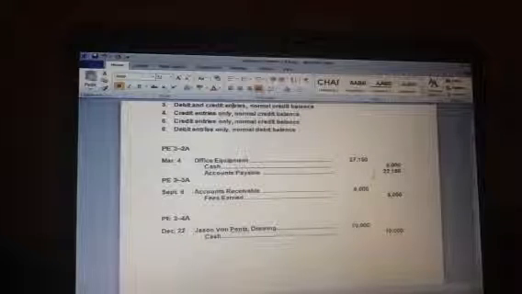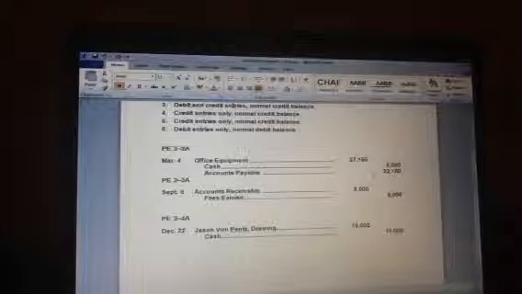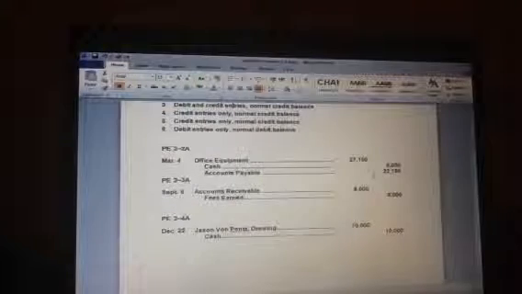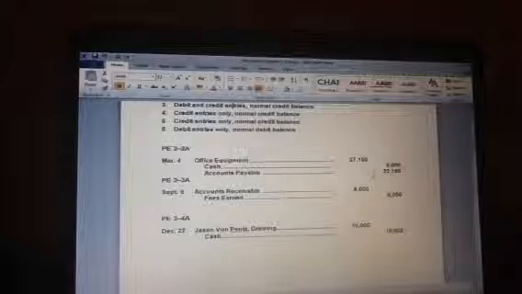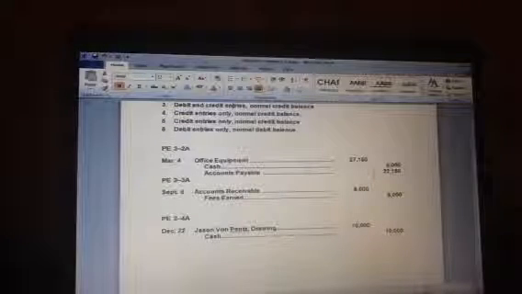Drawing is increased with a debit. So we would debit the drawing account for $10,000. He withdrew the cash from the company, so cash is decreasing. Cash is an asset, and you decrease all assets with a credit. So the journal entry on December 22nd is to debit drawing $10,000 and credit cash $10,000.